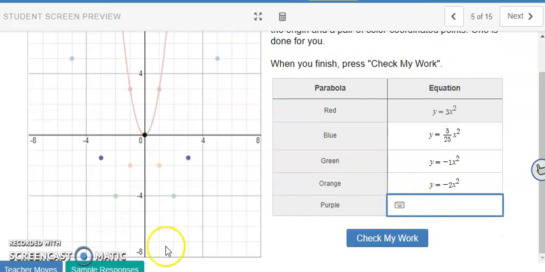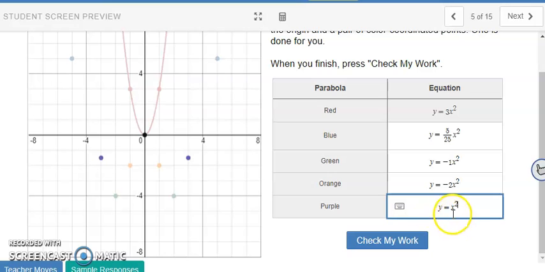Now for the last one, we're going to look at, again, y is equal to x squared, and I'm going 1, 2, 3 to the right, so it's supposed to go down 9. It's only going down 1.5.